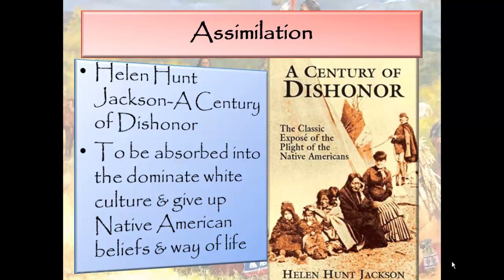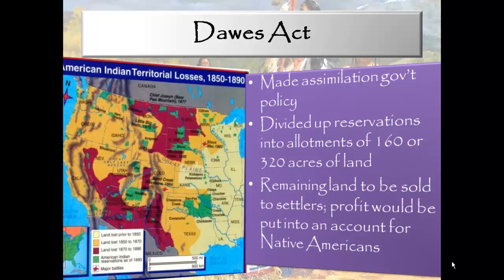Helen Hunt Jackson had written a book in which she exposed all of the injustices against Native Americans and how they had been defrauded and outright murdered in defense of these treaties that no one really adhered to. And so well-meaning Americans said, well, we'll just teach them how to do the white ways, and that's not necessarily what Native Americans wanted. Unfortunately, assimilation becomes government policy with the passage of the Dawes Act.